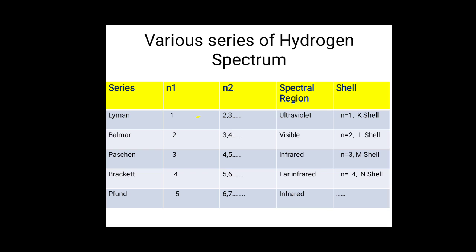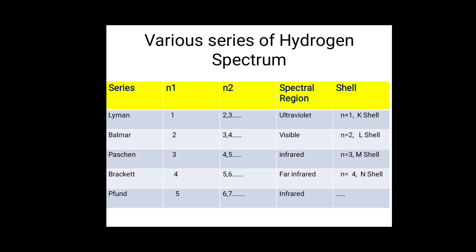The first energy level is the K shell, where n is equal to 1. In the Lyman series, N2 is equal to 2, N1 is equal to 1 and the shell is the K shell.